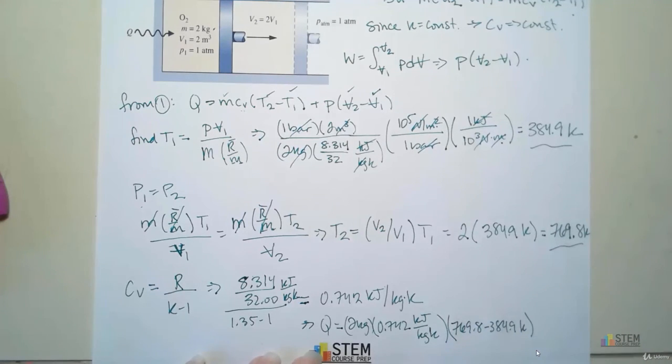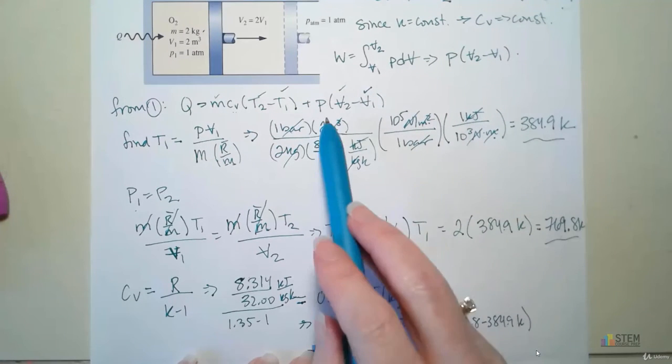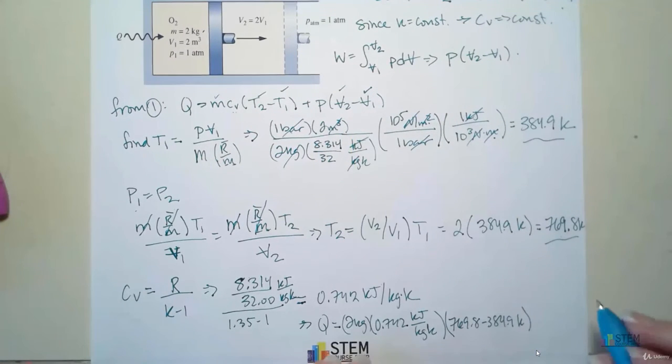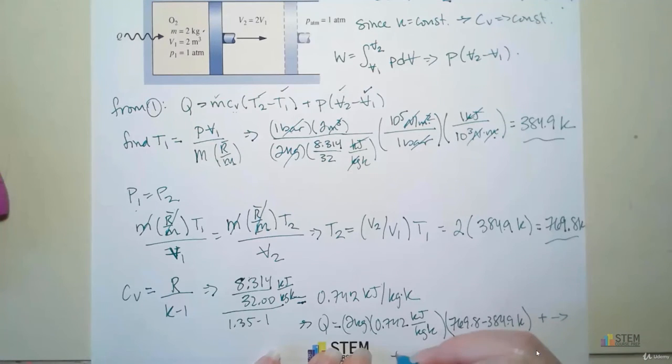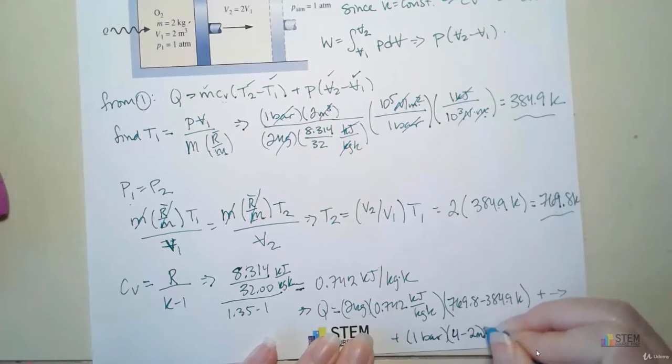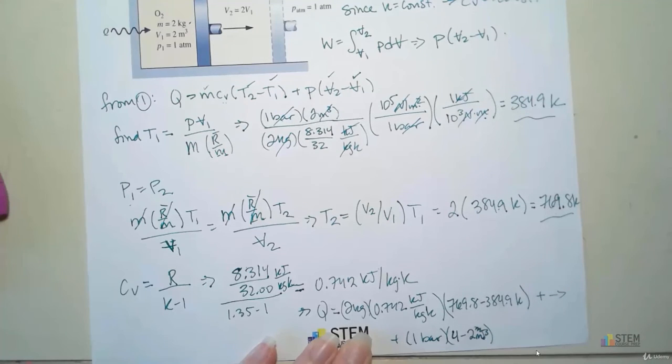Those are both Kelvin. And then after that you have this pressure volume term here. Alright, so I'm going to have to continue this on the next line. Pressure is constant at 1 bar, and then the volume change is just going to be 4 minus 2. And then that's cubic meters there.